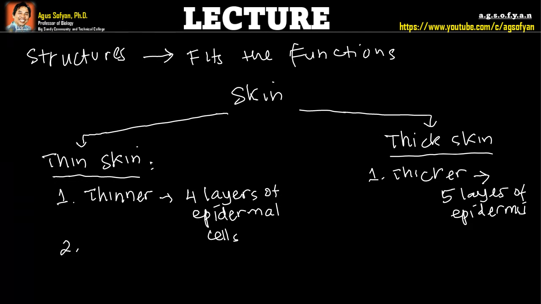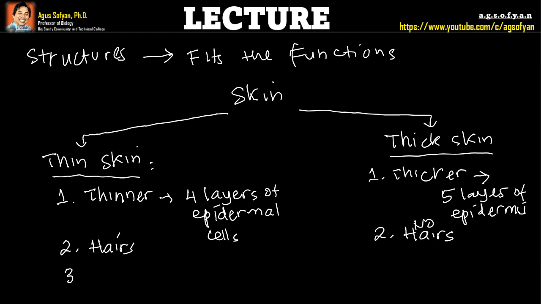Second, in the thin skin you will see hair, while in the thick skin you will not see hair. There is no hair on the thick skin. And the hair is usually associated with oil glands.